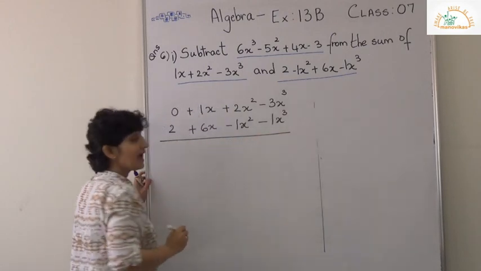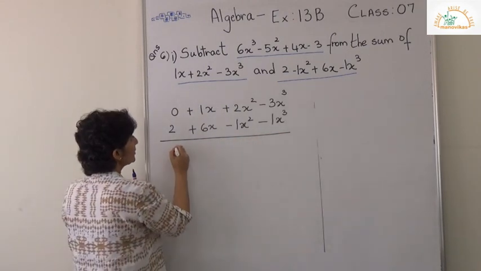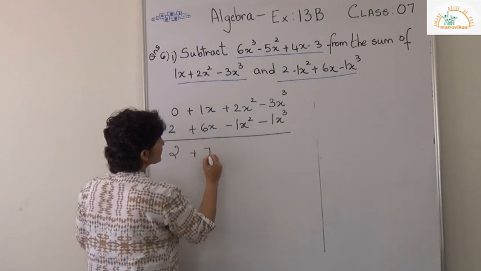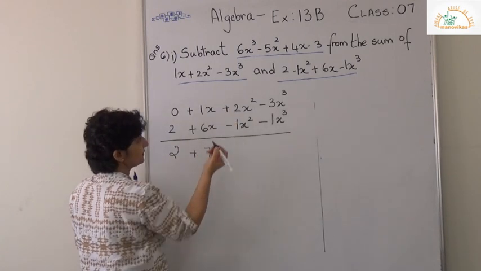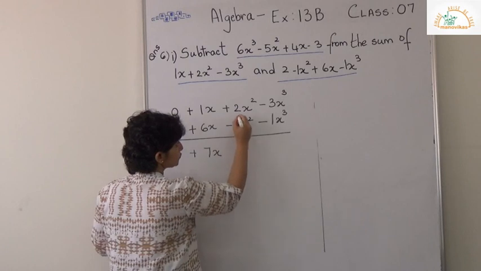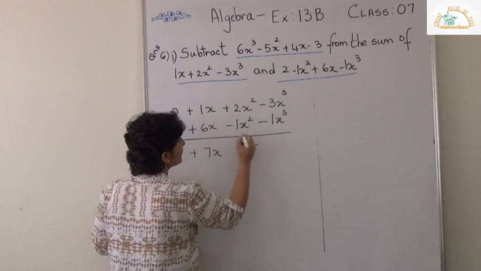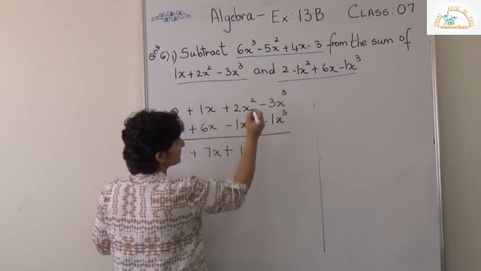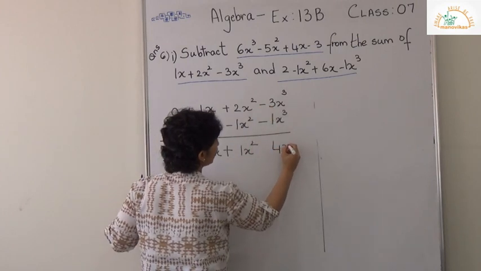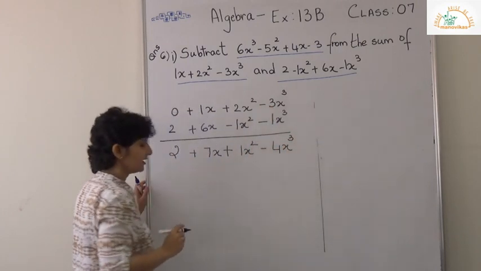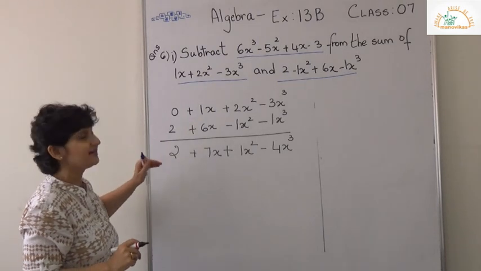Okay? Now add this. So what do I get? 2 plus 7x. Different family, subtract. That is 2 minus 1 is 1x squared. Put the sign of the bigger number. Same family, add and put the sign of the bigger number. So I have added these two.